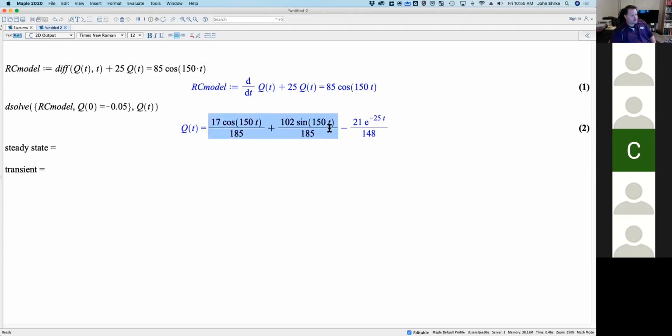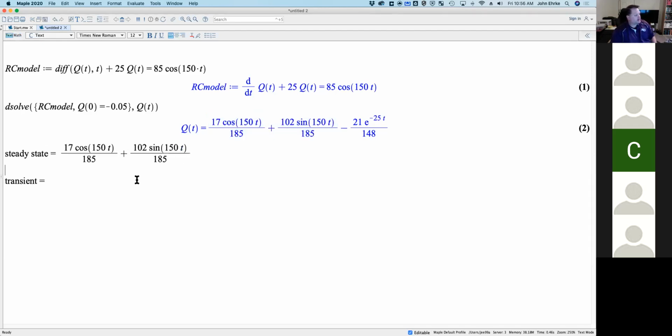These first two terms represent the steady state part of the problem, so I'm going to copy and paste that right there. That's our steady state part. The transient part is the part that's responding to that initial condition, so the initial charge goes away according to that function.